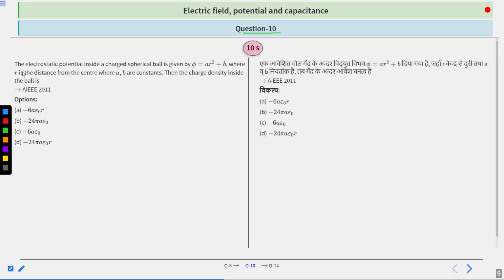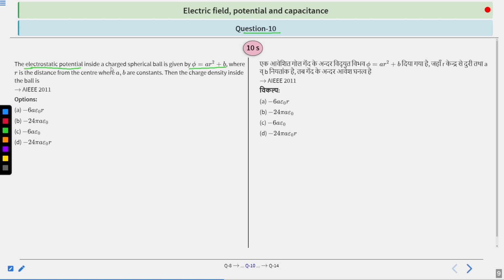Question 10 is, the electrostatic potential inside a spherical ball is given by phi is equal to Ar square plus B. Means here the question talked about the electrostatic potential. Clear?